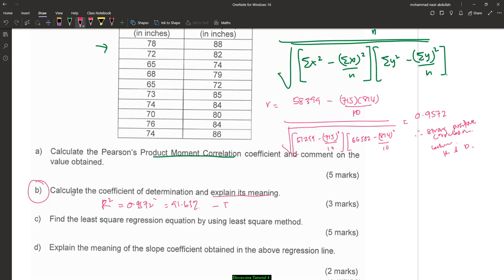It means that there are 91.63% of the total variation in Y, which is distance jump, right, is explained by height of players, right.